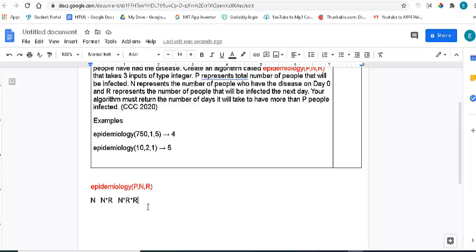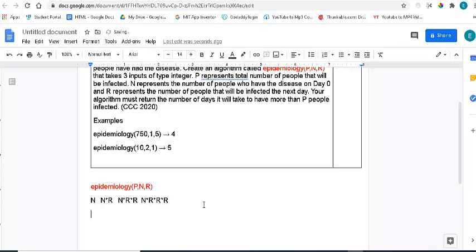If we continue, the next day, these people cannot infect anybody, but the newest ones can infect r people each. So the total number of new infections is going to be n times r times r times r. If you look at this, this is n, this one is n times r exponent 1, this one is n times r exponent 2, and n times r exponent 3.